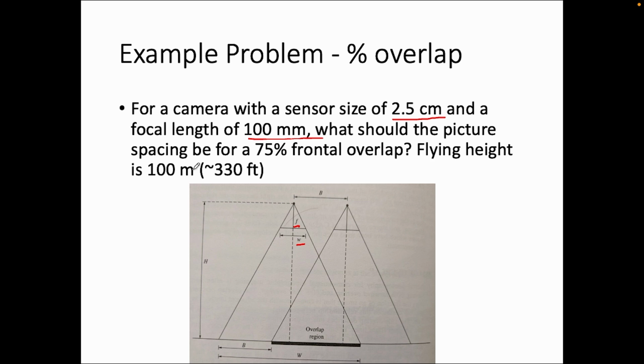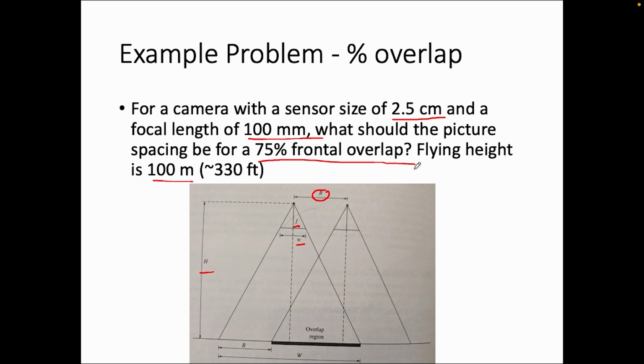So I've got a flying height here of 100 meters. That's our h. And what should the picture spacing be? How far should this distance be for a 75% frontal overlap? We're flying along, and we want 75% overlap between images.